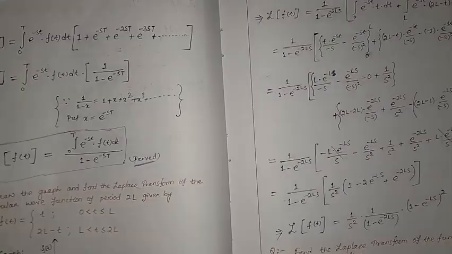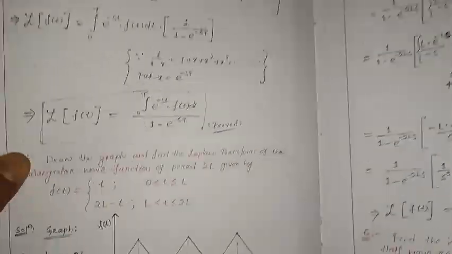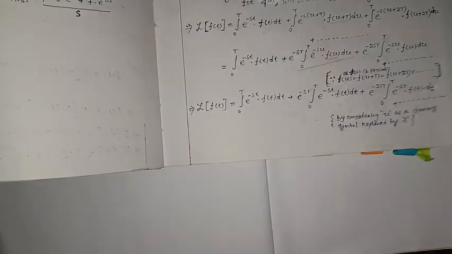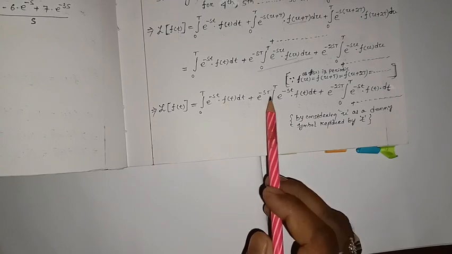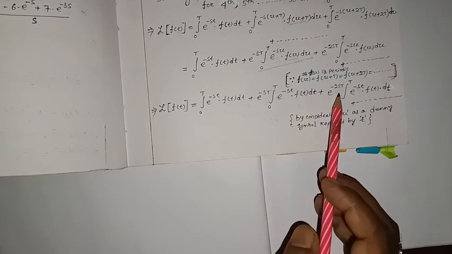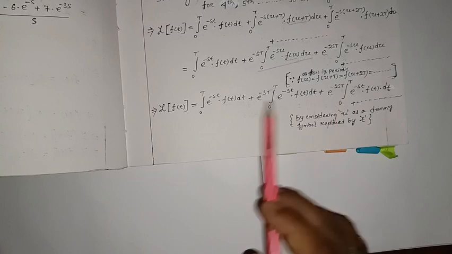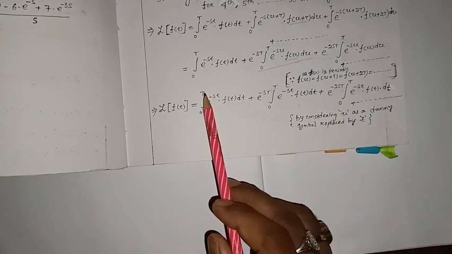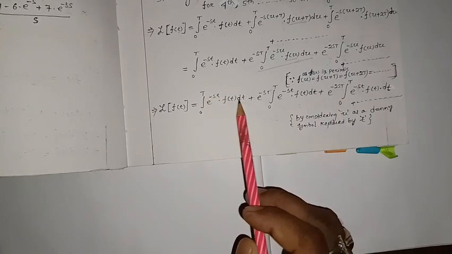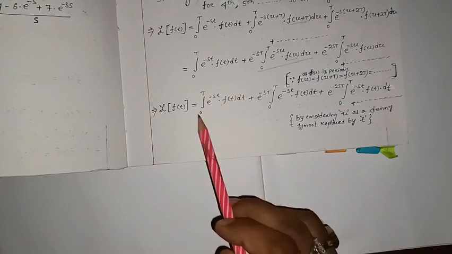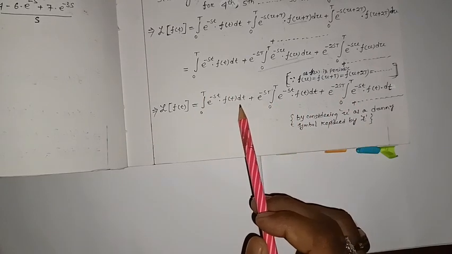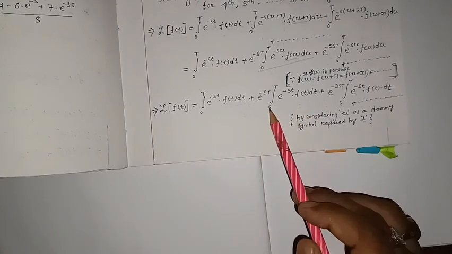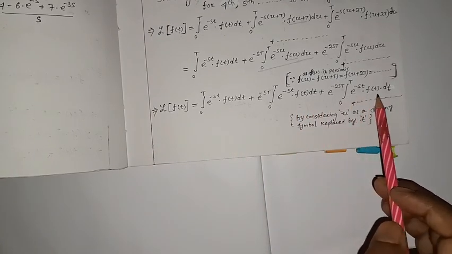Next, here you can see that in each term e to the minus st is common. See, 0 to T e to the minus st f of t dt, this integral is the common integral for each term. For this term this integral is there, for this term this integral is there, for this term also, and so on.